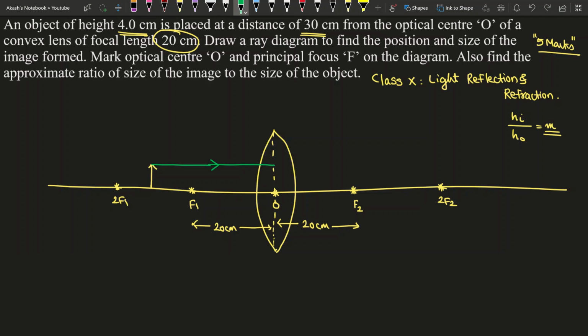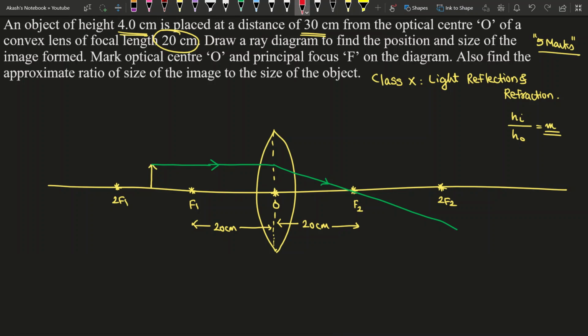After refraction, it will pass through the focus. Basically, the refraction happens here because it is entering from air to glass, glass to air. But it is very difficult to do both in the same diagram. That is why we will show only refraction at the center. So this is the one incident and refracted ray.